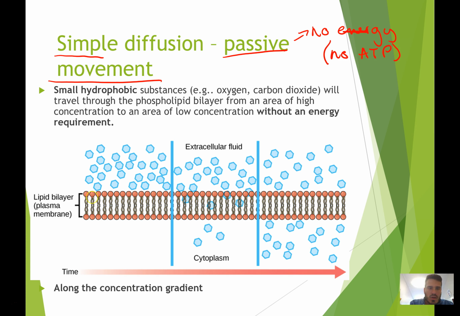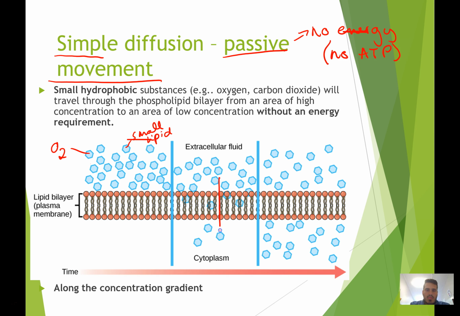So, for example, here we've got a lipid bilayer, and we've got a certain molecule, which might be, for example, an oxygen molecule, or it might be a small lipid, a small fat. So two different hydrophobic substances there. Lots and lots on the outside.